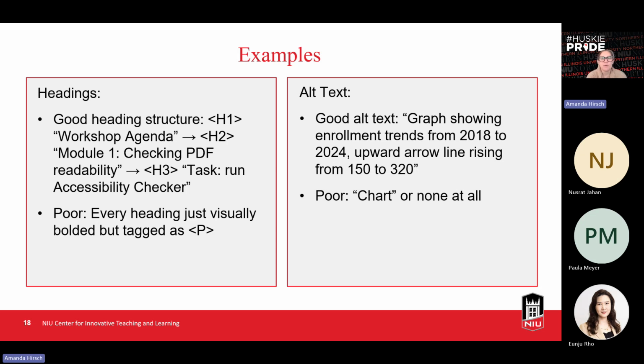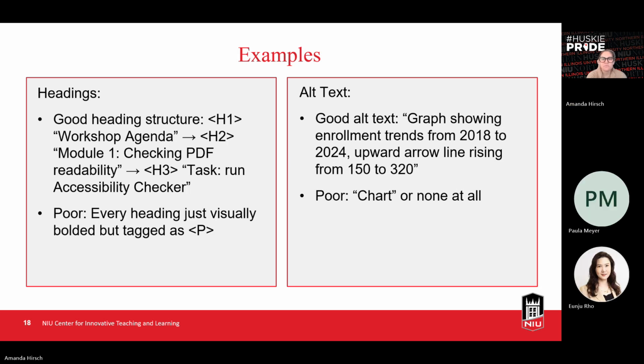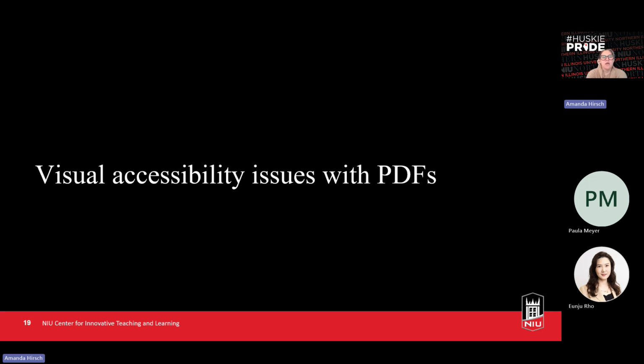Any image that has purpose, especially charts or diagrams, should have alt text. And again, purely decorative images can be a blank alt or marked as an artifact. And again, doing this in the source document is going to save a lot of manual work in Acrobat later, but it can all be done in Acrobat Pro. It just takes time and effort.